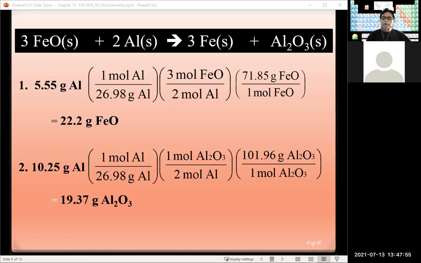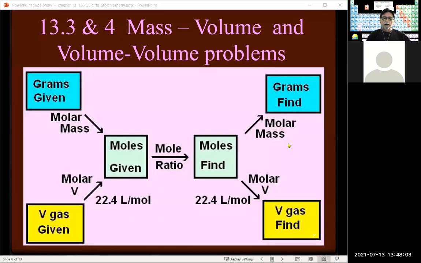Now, if we were doing a different kind of problem, we won't introduce that right now. All right, so here's the flow chart that incorporates the STP, standard temperature and pressure. Remember, 0 degrees, 1 atmosphere scenario. And that's in the bottom right corner there, where you're dealing with gases.